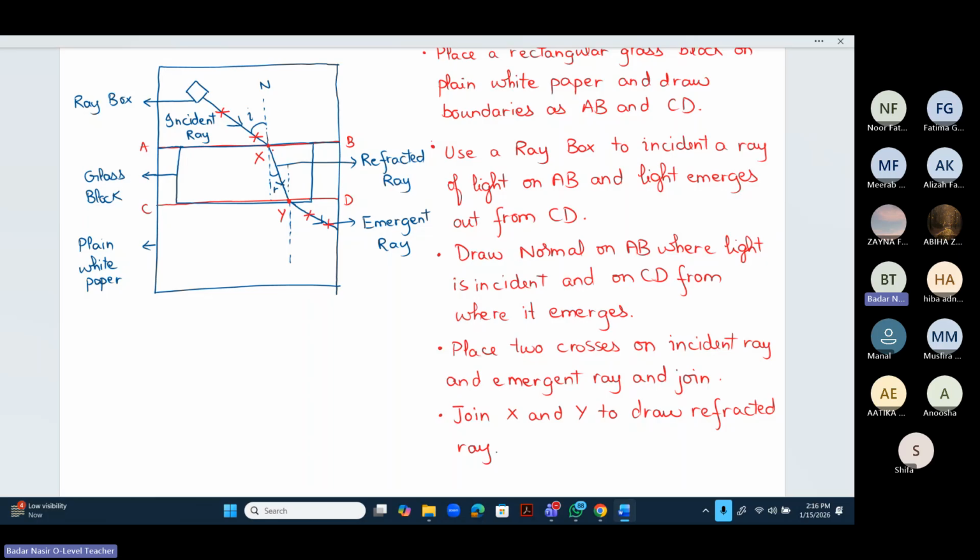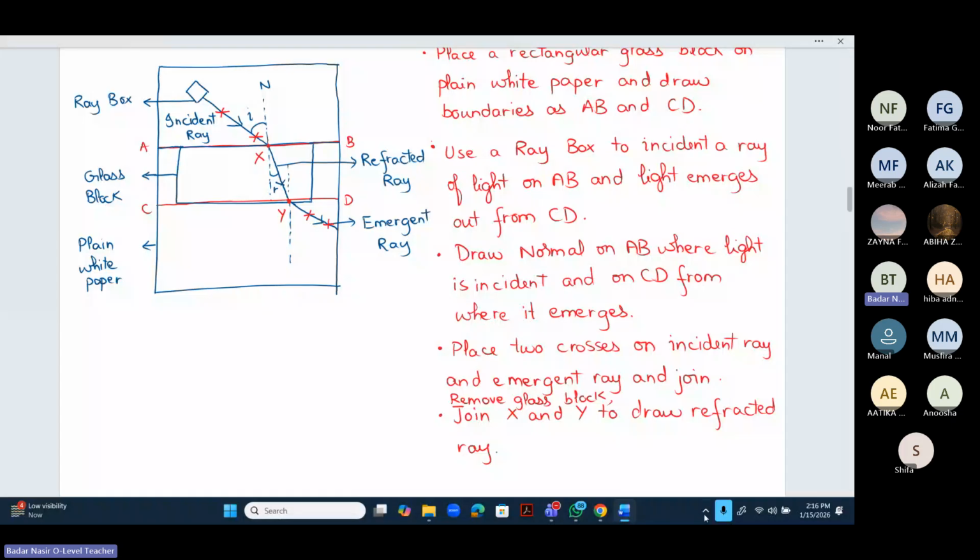Once you remove the glass block, पहले आप glass block को remove करोगे, and once you remove it, then you can join these points X and Y together to draw the refracted ray. ठीक है, now you will measure the angle of incidence I and R, which is the angle of refraction, and then put the values in the formula n is equal to sine i over sine r to calculate the value of the refractive index.